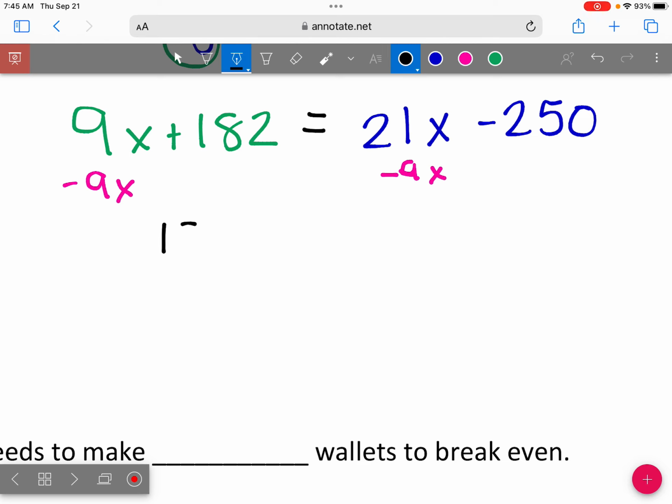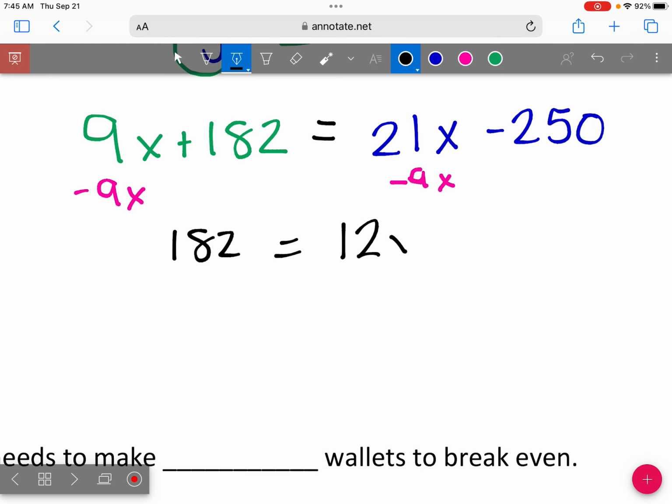So I have 182 equals 21 minus 9 gives me 12x, minus 250. Then what? Plus 250.